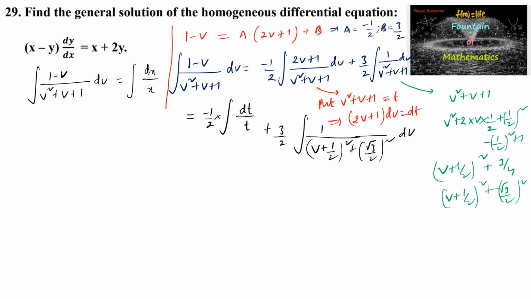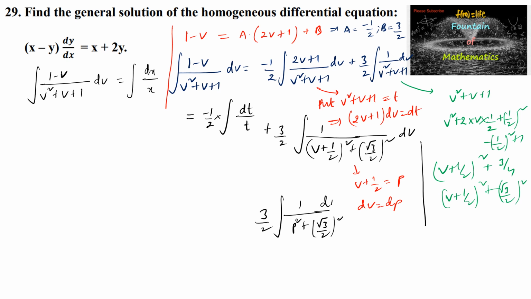And again in this integral, let us substitute v plus 1 by 2 is equal to some p, so that dv is equal to dp. So our integral can also be written as 3 by 2 times integral 1 by p square plus (root 3 by 2) whole square dp. And the first integral we have minus 1 by 2, 1 upon t dt is log mod t.